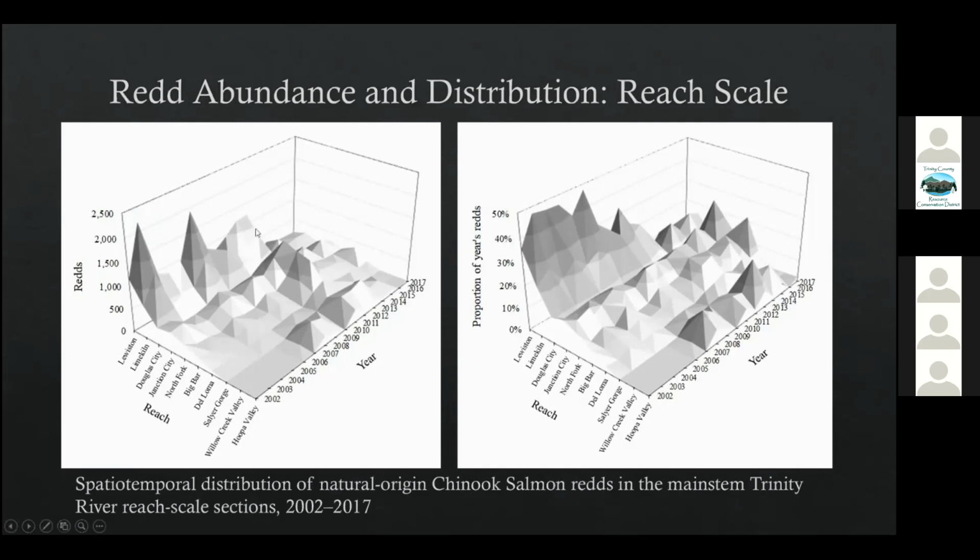But the Lewiston Reach has had fewer and fewer redds over time. And then we've seen the proportion and number of redds grow in some reaches further downstream, particularly like the Douglas City Reach. And I believe this corresponds to either the Junction, Douglas City and Junction City reaches.